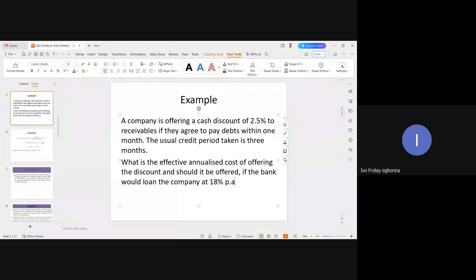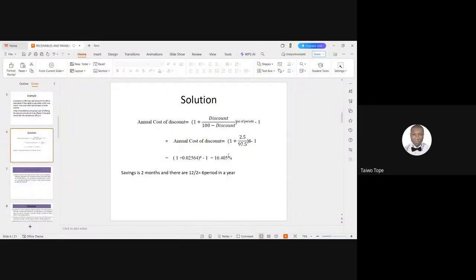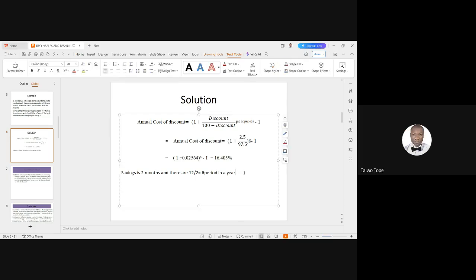Giving a cash discount, and why is it beneficial? Because it has a lower percentage.